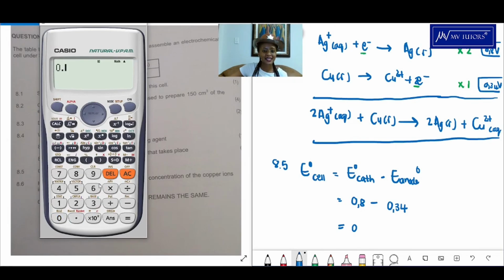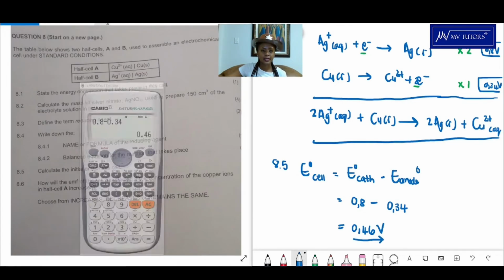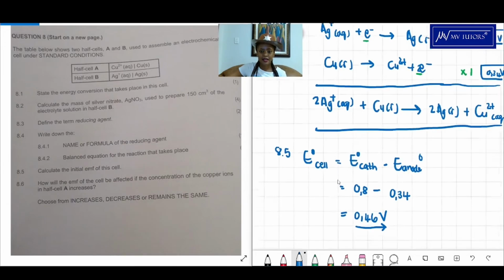Like I like saying, in an exam situation, because you are high on nerves, just plug everything in the calculator. Even when it comes to 1 plus 1, put it in, because you might write wrong things. So yeah, 0.46. Whatever I said was wrong. So 0.46 volts. Alrighty.